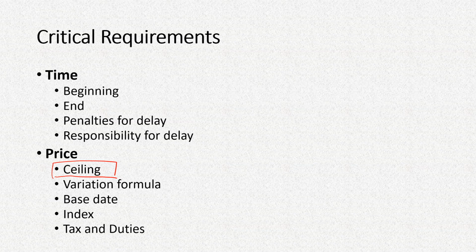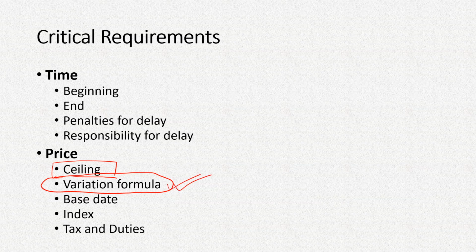And if you want to take into account the inflation, then how much inflation are you going to consider? Because we cannot predict what will be the inflation in the next 3 or 4 years, so it has to be decided what will be the formula.